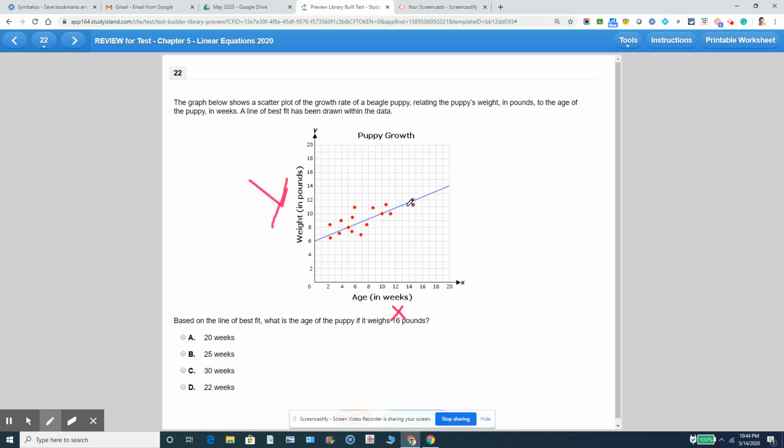So it looks like it's not perfect, it's about up 1 over 3 units each time. But you could just straighten this line out if you want to. It's tough for me to do on here because I don't have a straight line tool. And then go up to 16 and estimate what that x value would be. So it looks like, each of these is 2, it'd be about 25. So you use the best fit line like we just did to accurately predict future behavior.